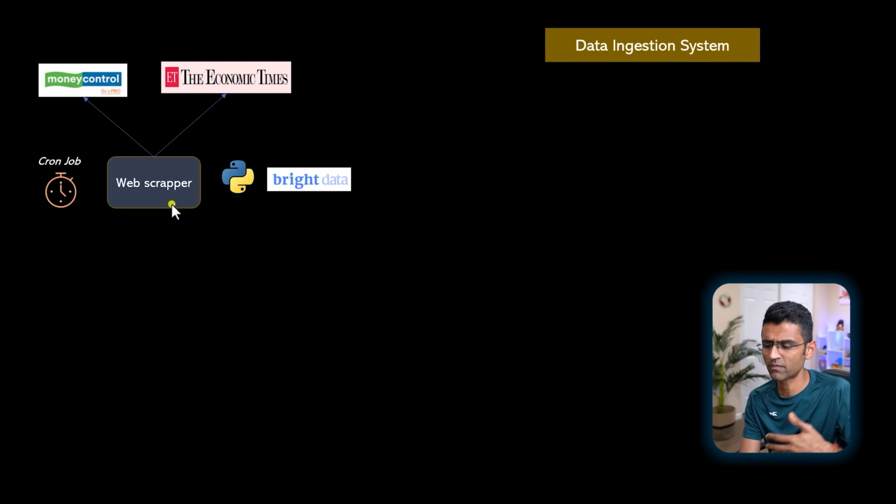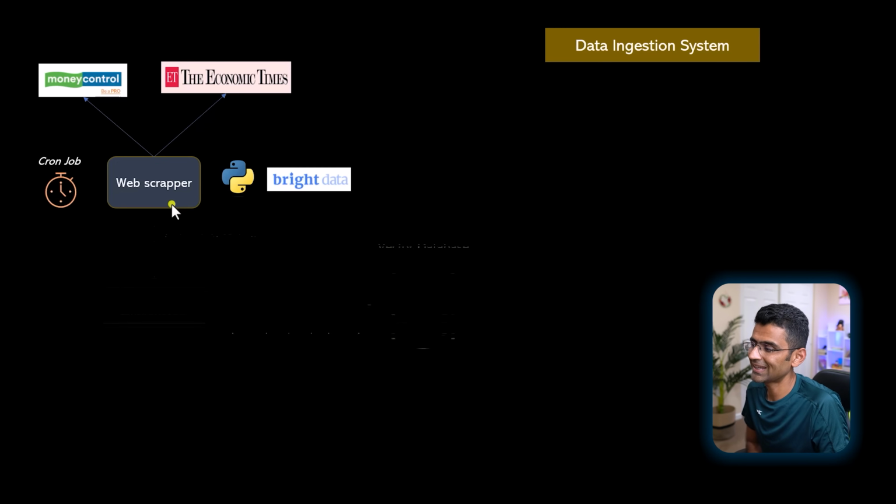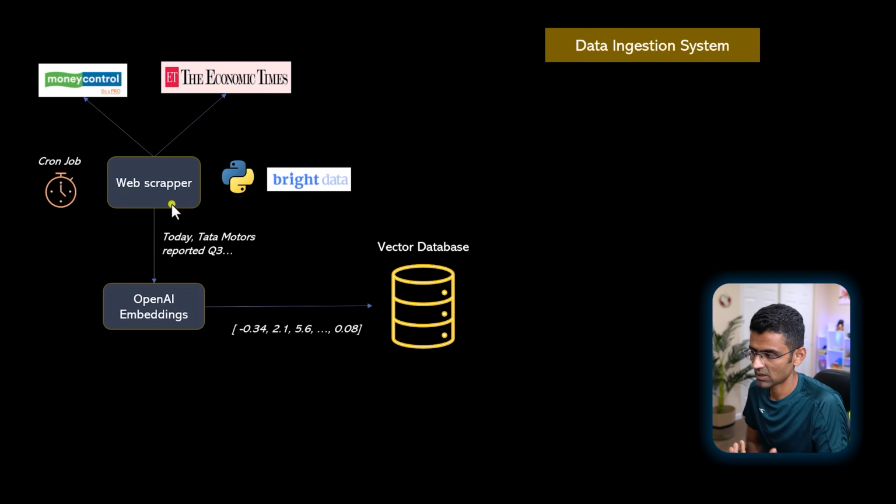Let's say this cron job runs every 2 hours or every 1 hour. It will pull the data and convert that text into embedding vectors using OpenAI or Llama or BERT, whatever embedding you want to use.